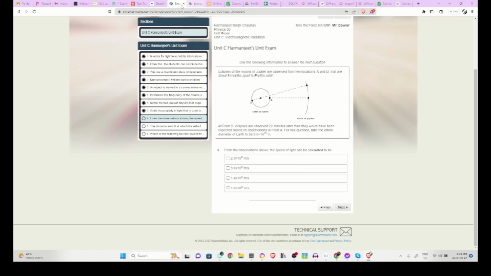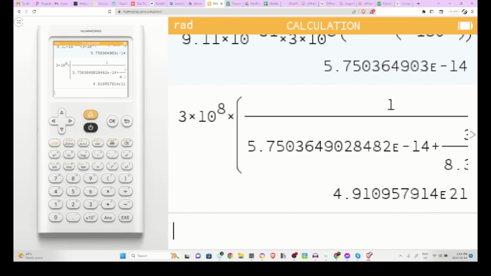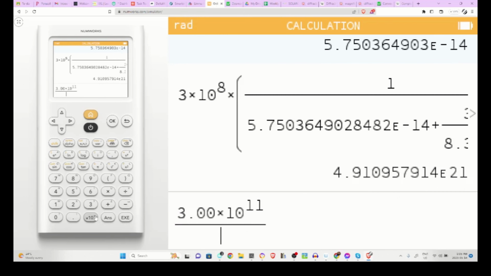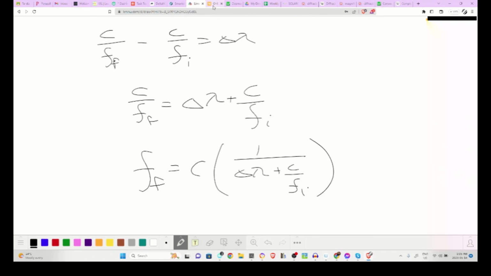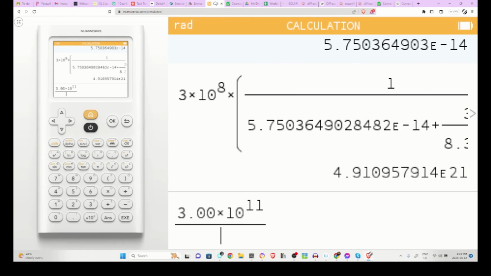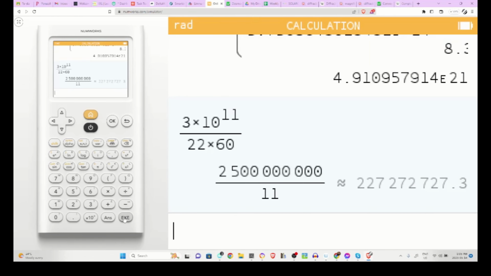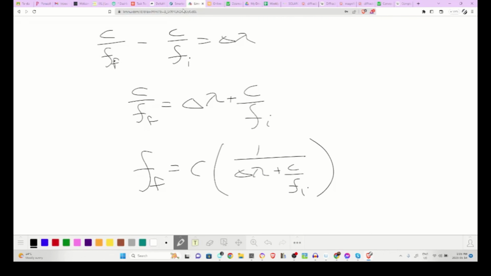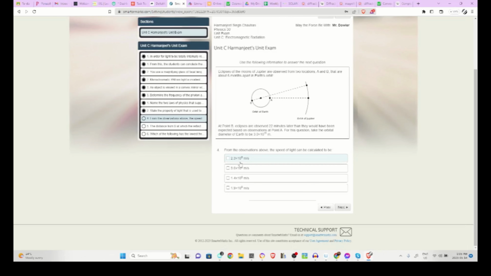So if we take our 3.00 times 10 to the 11 meters and divide it by the time involved in seconds, so that's 22 minutes times 60 seconds per minute, we end up with about 2.27 times 10 to the 8, not times 10 to the 4.